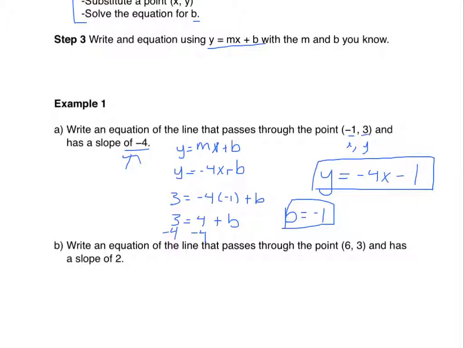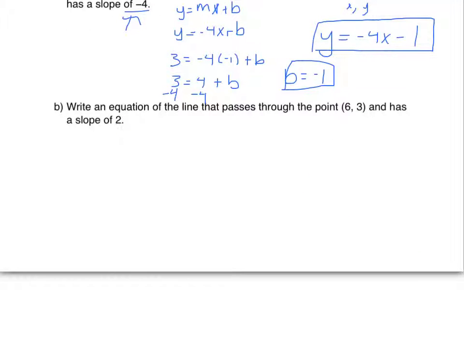Okay, so like I said, go ahead and try B. I'm going to solve it quickly. I probably won't talk through it near as much, but it's the same process. So again, I'm going to write the formula down. I substitute my slope. I plug in the points.